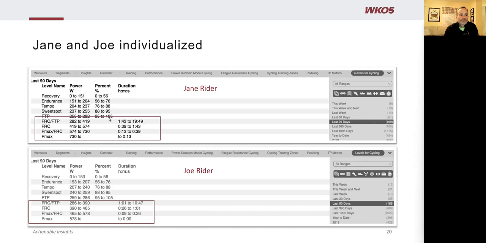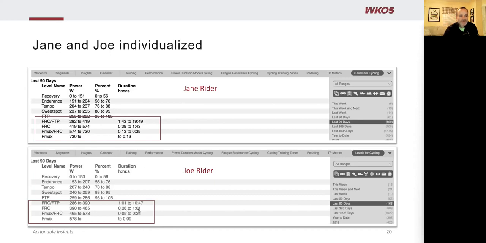Then, by individualizing and understanding the slope of their curve, we can also set time ranges. So go back to that FRC here. Jane is 39 seconds to 143 to have maximal impact, maximal stress and strain on that system. And Joe has 390 to 460, but he's 26 seconds to 1 minute and 1 second.